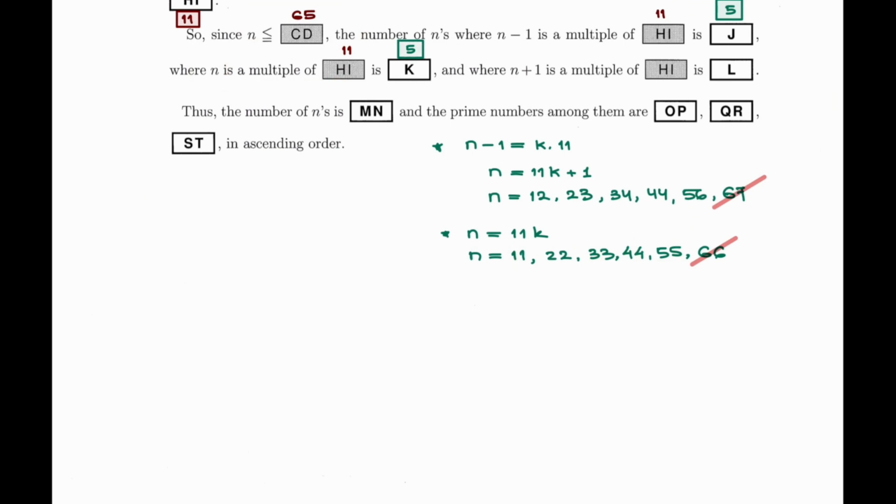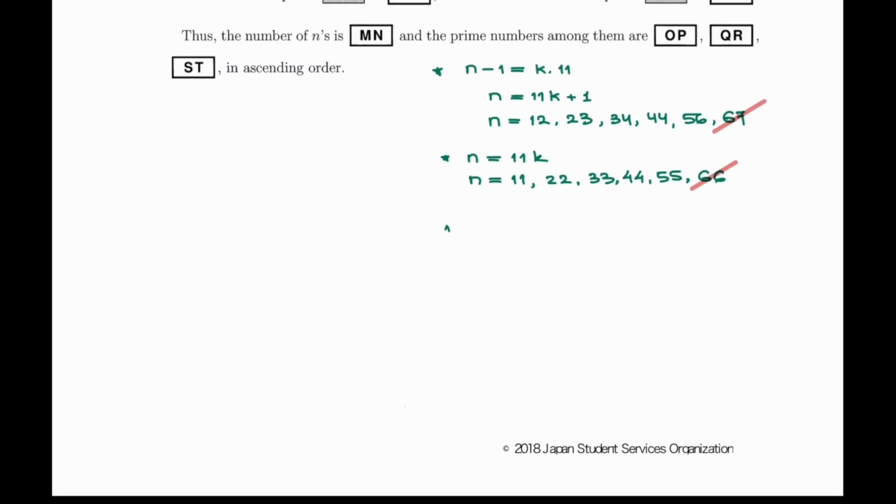And then where n plus 1 is a multiple of 11, we have blah blah blah numbers of n. I think you can do it by yourself now. n plus 1 is equal to 11k, n is equal to 11k minus 1.